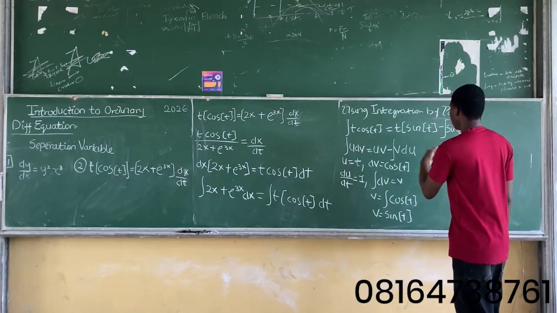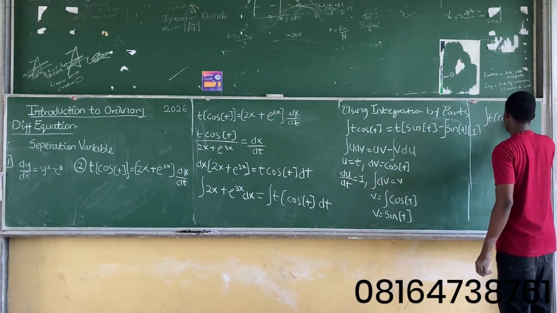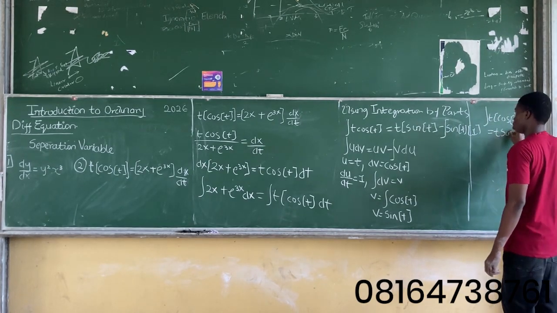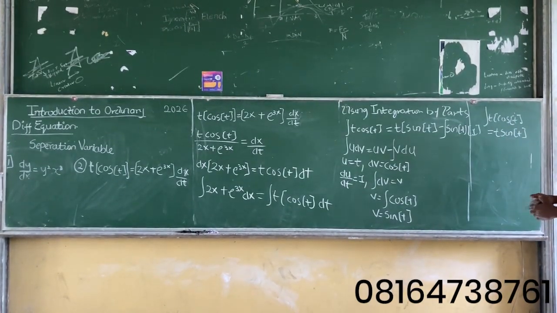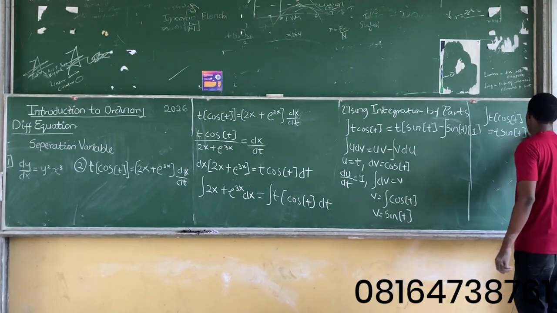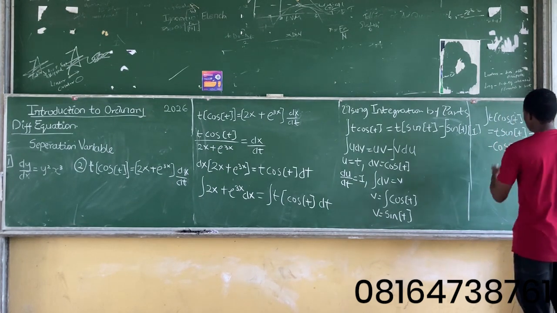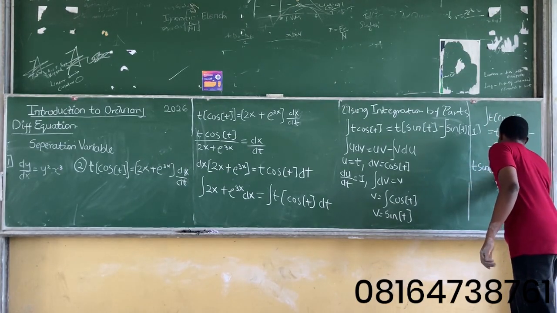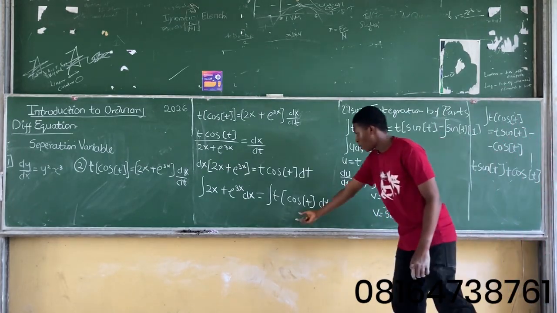So we are going to further express this: the integral of t cos t is equal to t sine t minus the integral of sine t. If we integrate sine t, it's going to be minus cos t. So this integration gives us t sine t plus cos t. That is the solution for this aspect of the equation.